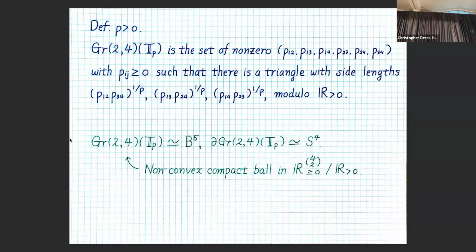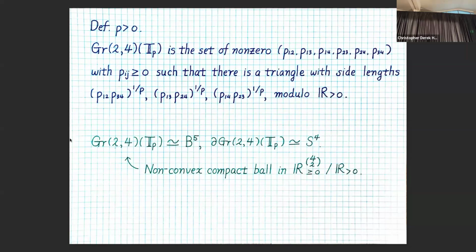A non-trivial result, a rather challenging exercise, again in multivariable calculus, is to check that Gr(2,4) of TP for positive P is homeomorphic to a 5-dimensional compact ball. And this is a challenging exercise because the defining relations do not give you a convex set. So this B5 is a non-convex compact ball.